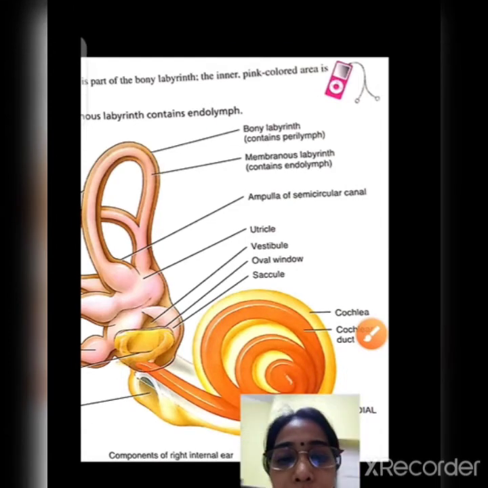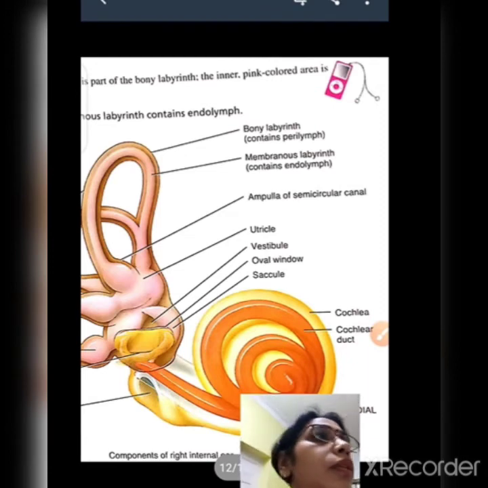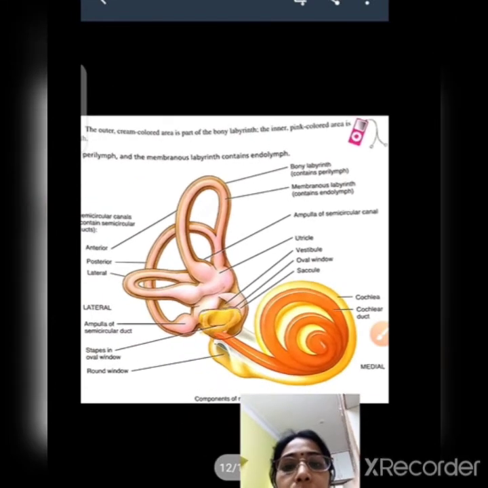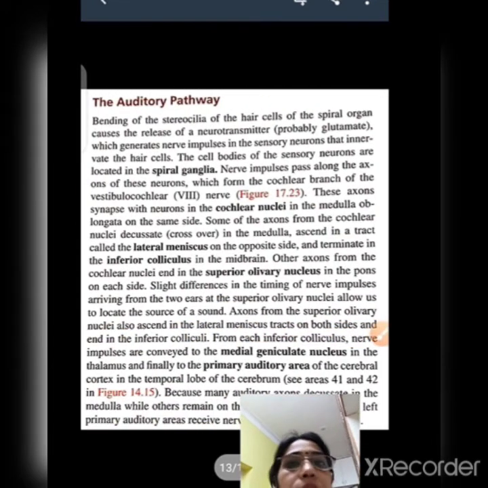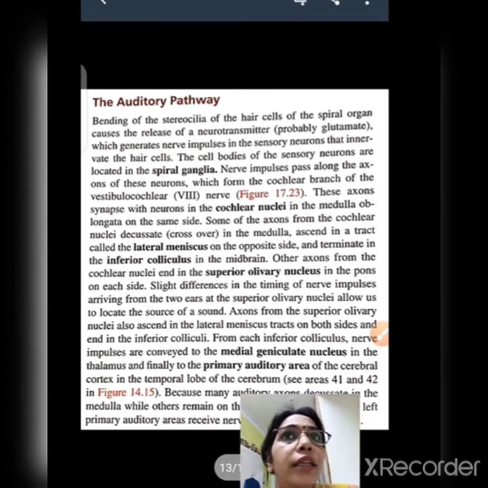Okay, now see, this is about the various structures of your ear. Now we'll study the auditory pathway. As we have studied, the external ear has the auricle, the acoustic meatus, then the tympanic membrane, and the three bones, the malleus, incus, and stapes.